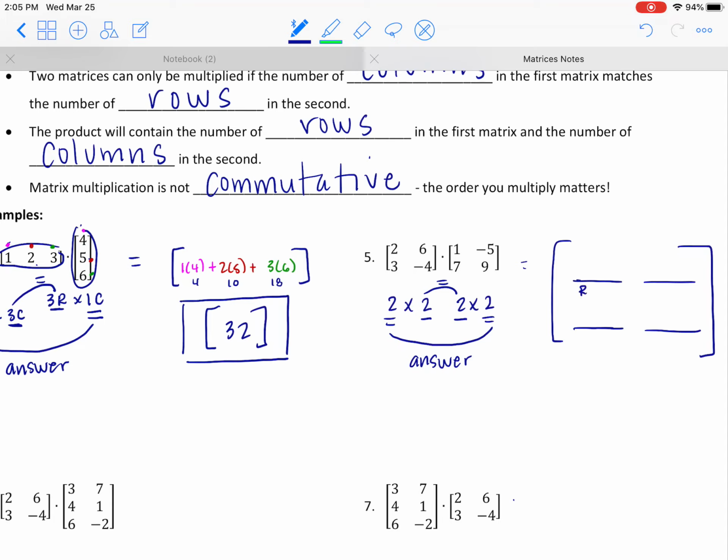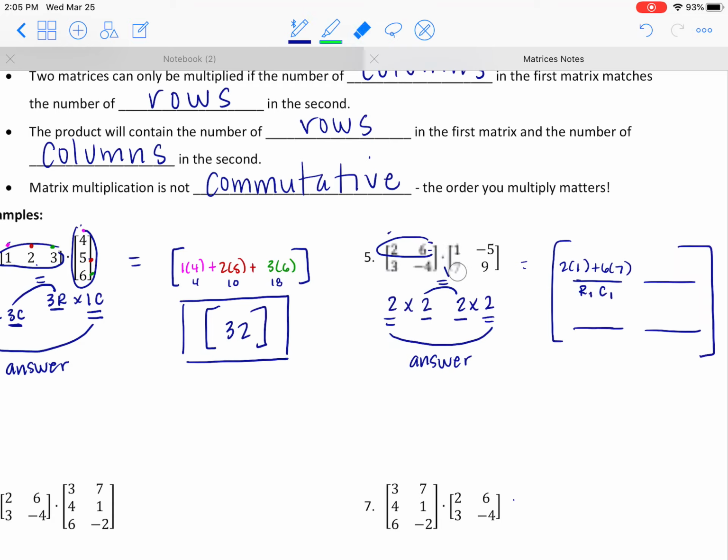This is row 1, column 1 of the answer, which means to find what goes there, we're going to use row 1 and column 1. So I'm multiplying 2 and 1 and 6 and 7, so 2 times 1 plus 6 times 7.